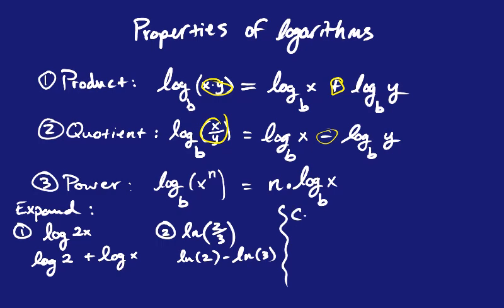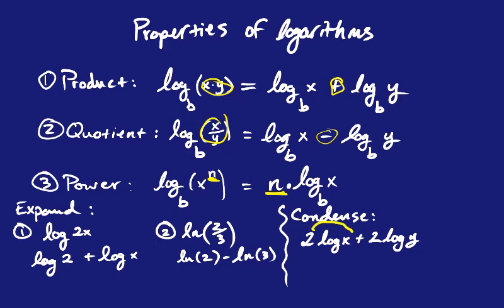There's another way to do this, and instead of starting with one logarithm and getting multiple logarithms, you could actually do what's called condensing, and essentially you just go backwards. And so take, for example, 2 log of x plus 2 log of y. With the power property, the number in front of the logarithm is actually related to the exponent.